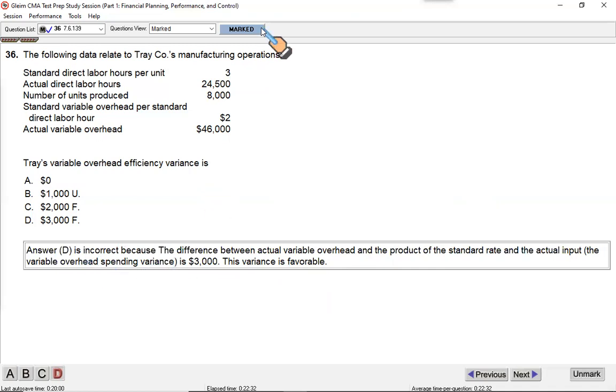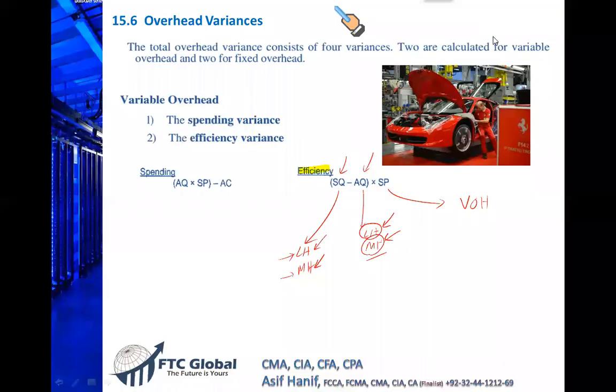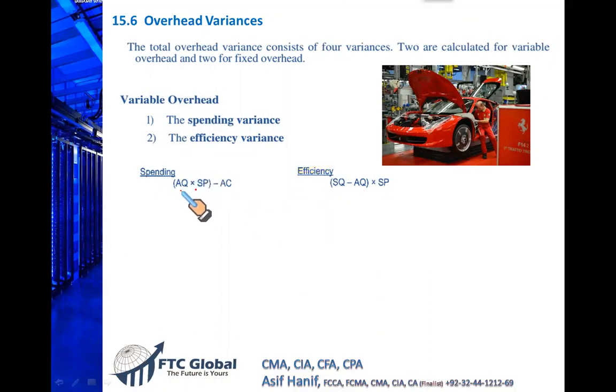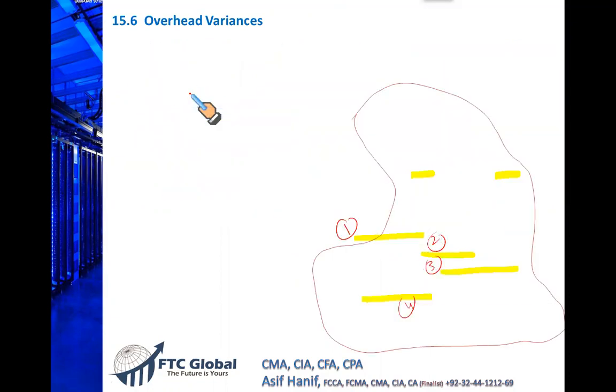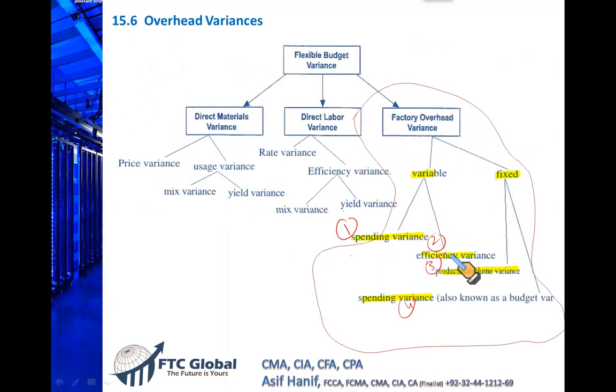All right. We just learned how to calculate the variable overhead spending variance, and also the variable overhead efficiency variance. So this is the first part of the complete picture done.